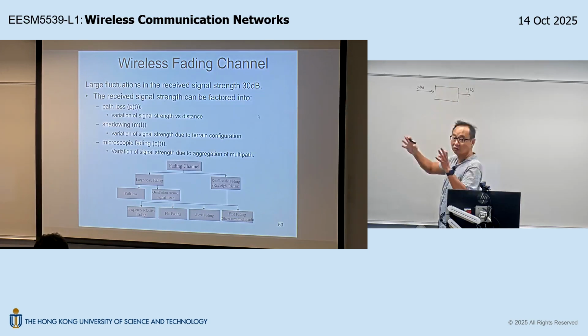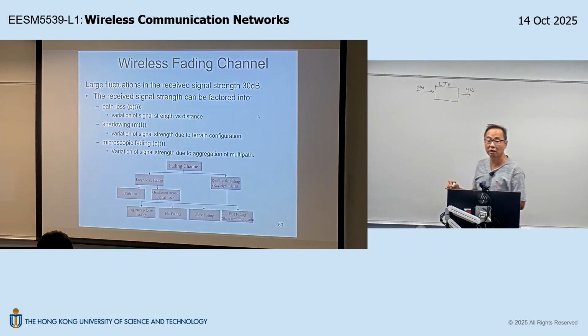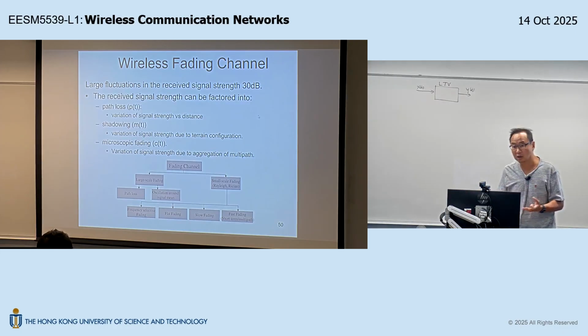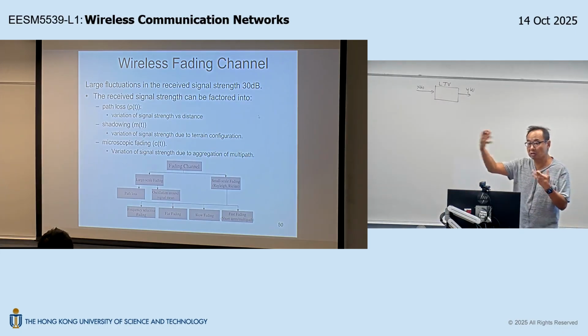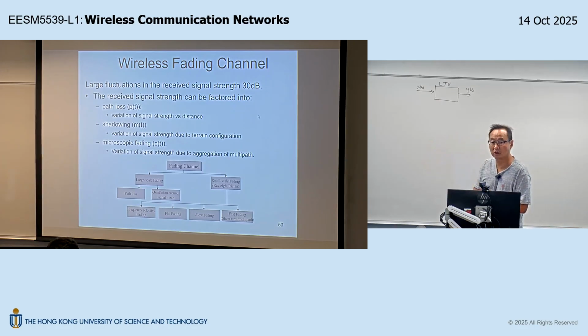The system itself is linear, but unfortunately it's a time varying system, because obviously the mobile is moving, the scatterers are also moving. So the behavior of this multipath channel is not going to be static.